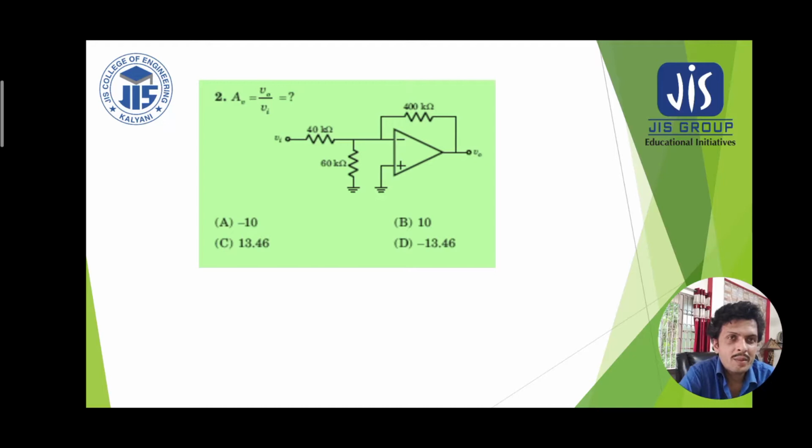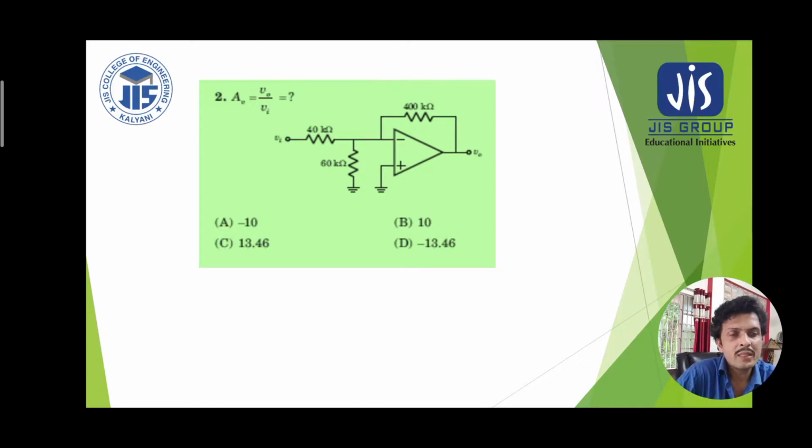This is another problem in which, in addition to the previous problem, there is an extra resistance present of 60 kilo ohm. Now, for this type of problem, a little bit of planning is required before solving, because if we observe, the non-inverting terminal voltage is equal to 0.